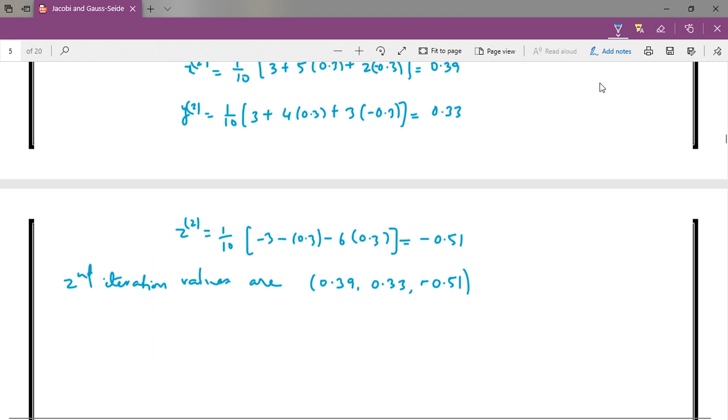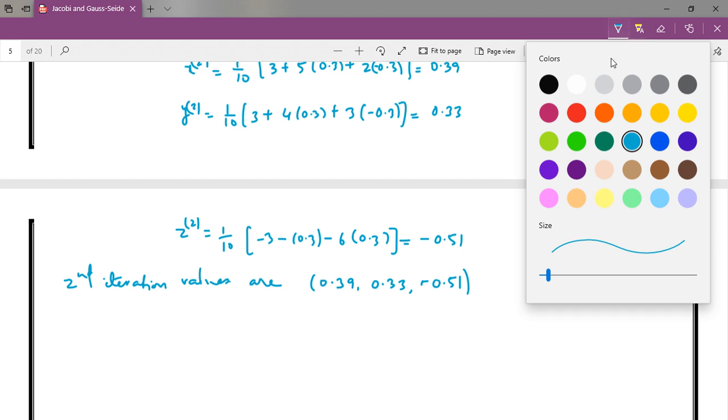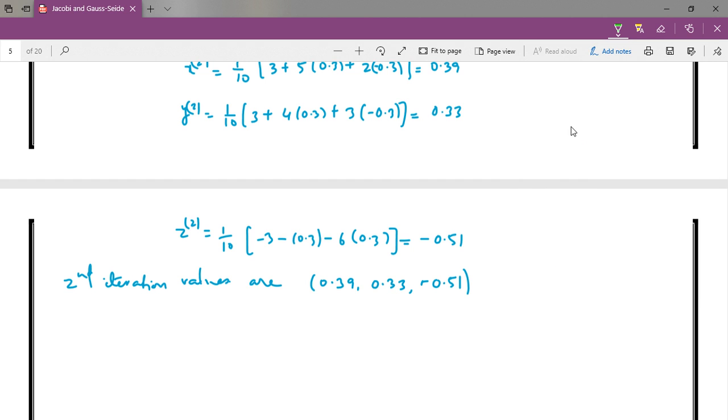So we have got improved roots now. So now using these values in 1, 2 and 3, we get the third iteration values.